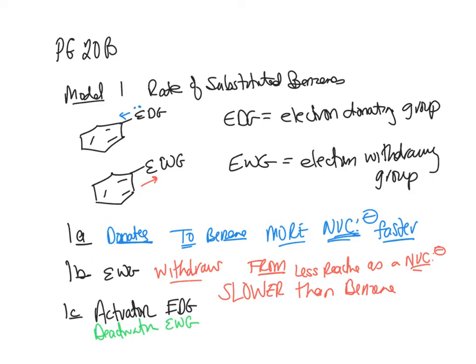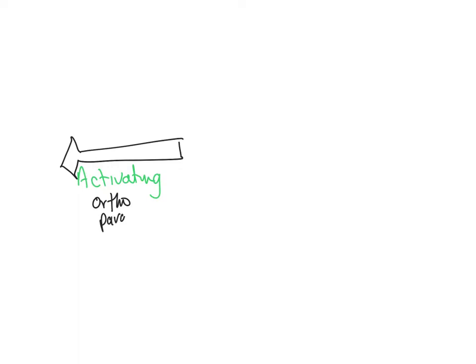Let's see. Right here. Okay, so I will copy it here. So here you have activating, make that green, activating. Okay, and activating are always going to be ortho-para directors.